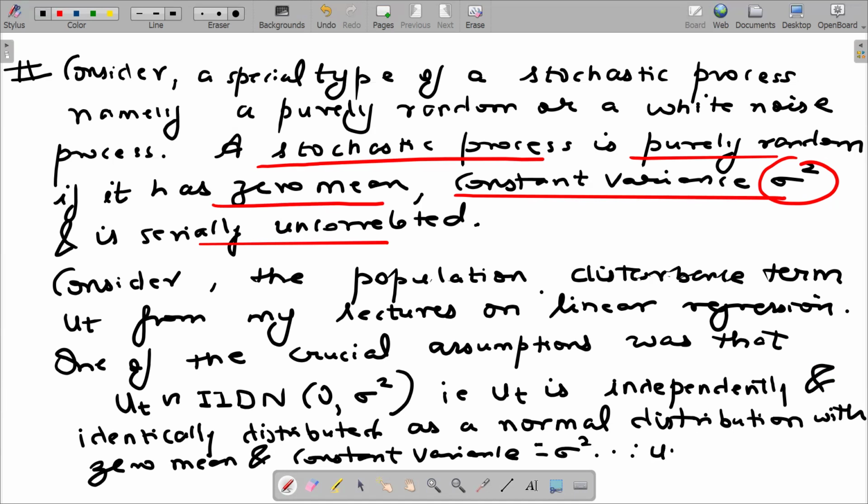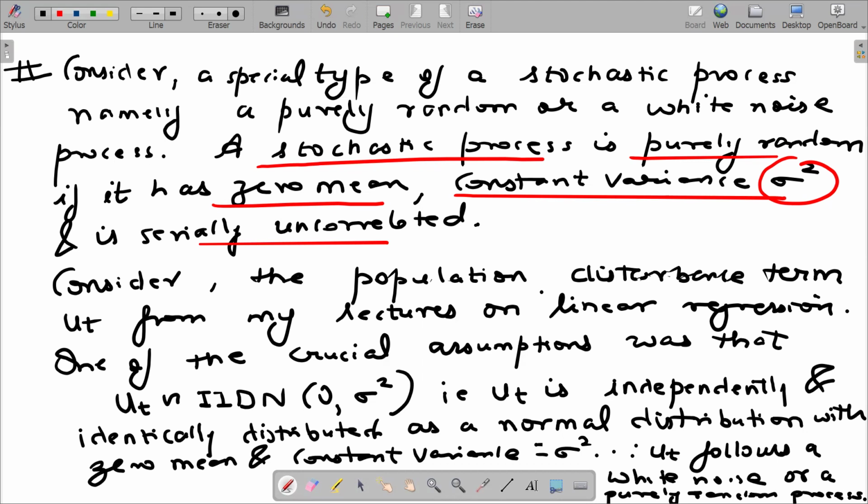Therefore, I can say UT follows a white noise or a purely random process.